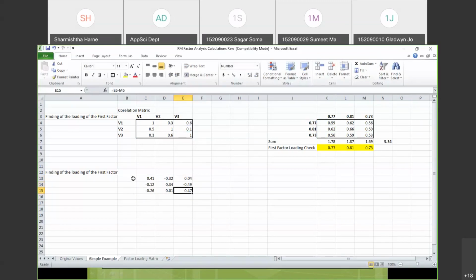So this is the initial matrix for second vector, second factor now. So finding out the second factor. Just for reference, I am writing the names here also. P1, P2, P3. Yeah. All these are capital.